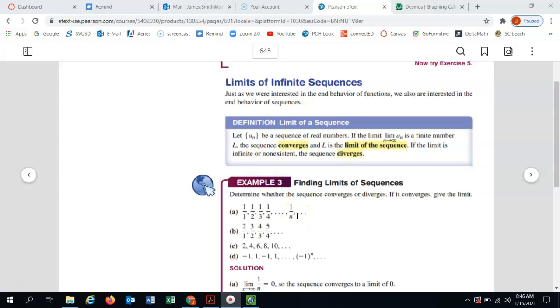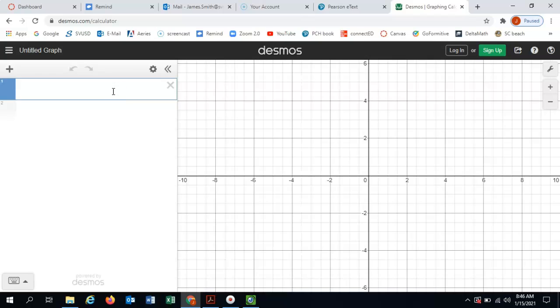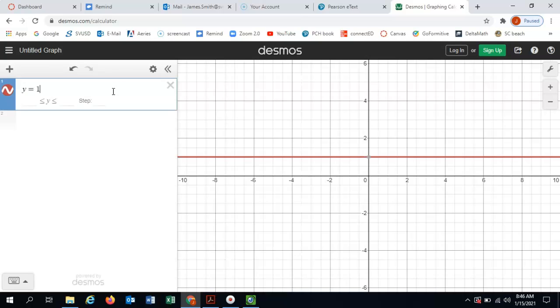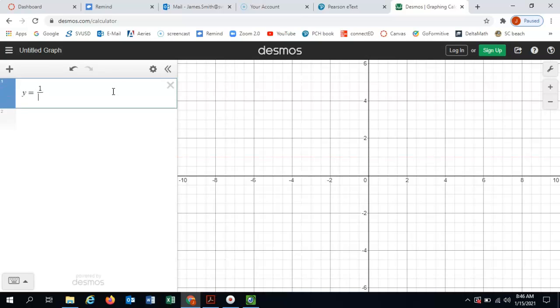So let's just look at 1 over n for a minute. So if I actually graphed 1 over n, or x, same thing. So if I graph 1 over x, take a look at what this graph looks like. So one thing to notice is, what part of this graph are we supposed to focus on?